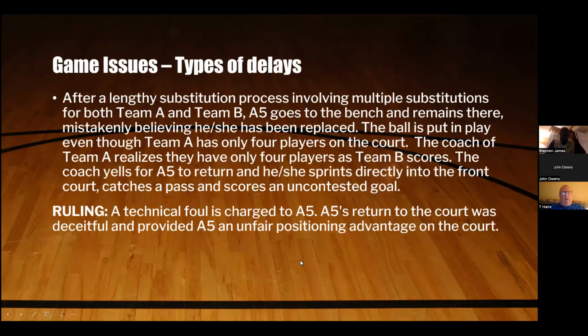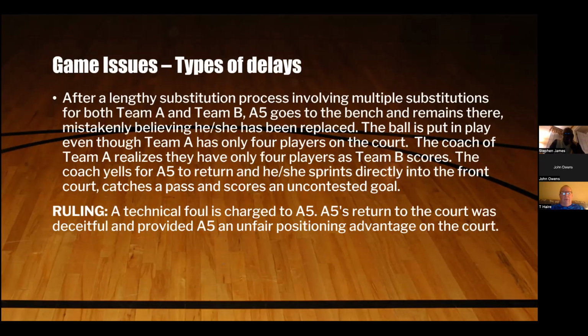So here's one we've talked about before. After a lengthy substitution situation with a lot of substitutes coming in for both teams, A5 goes to the bench and remains there, mistakenly believing he or she has been replaced. The ball is put in play even though Team A has only 4 players on the court. The coach of Team A realizes he only has 4 players as Team B scores.